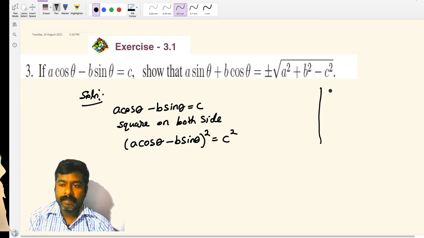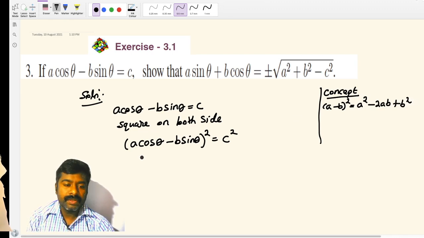Concepts. In this problem, the concepts to be used are: first one, a minus b the whole square equals a square minus 2ab plus b square. Here a is a cos theta, b is b sin theta.